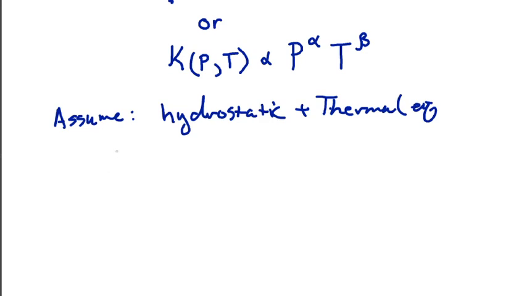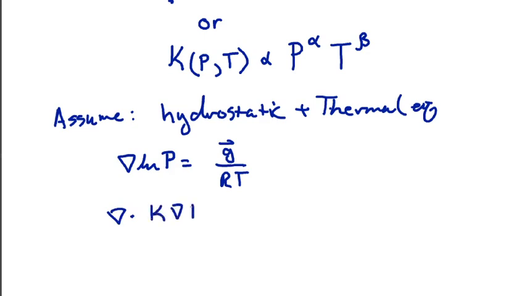So we have our momentum equation and hydrostatic balance. So that's that grad log P is equal to G over RT. And we have that the div of K grad T is equal to 0.